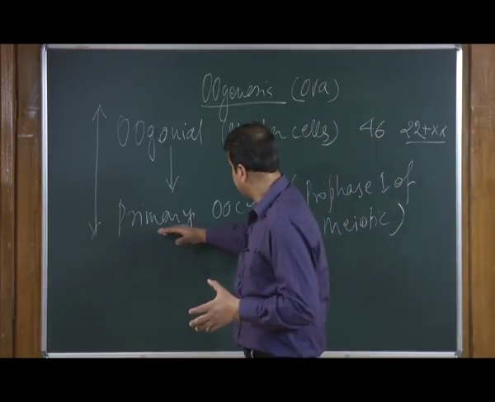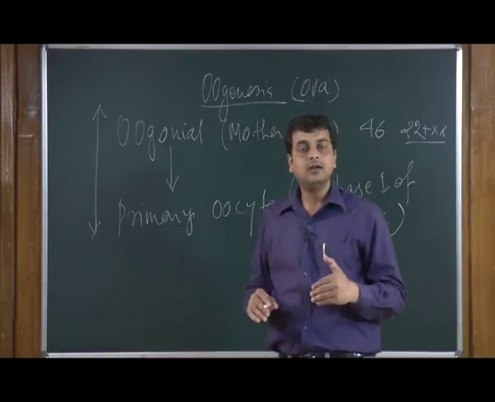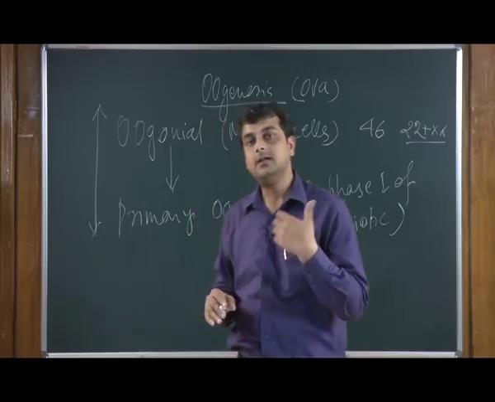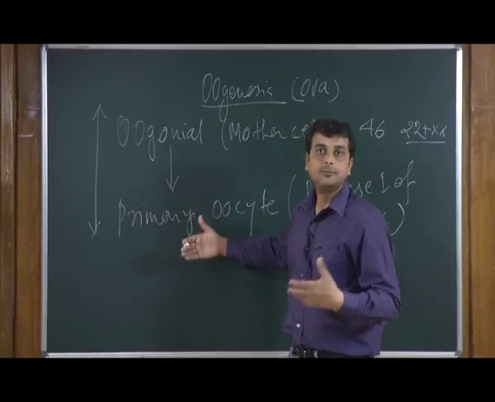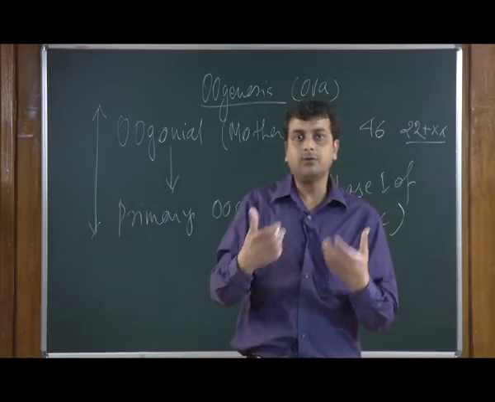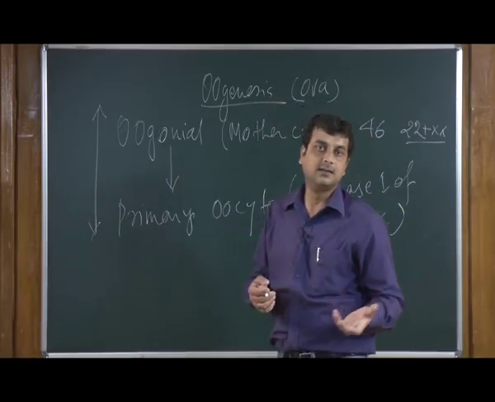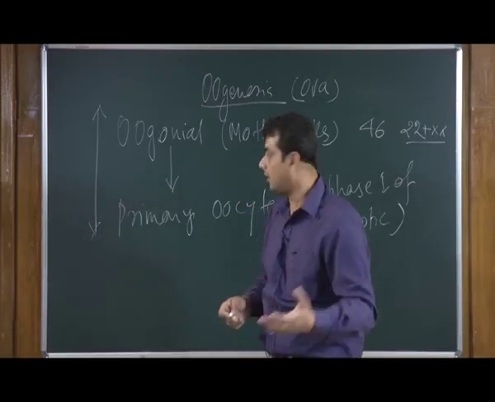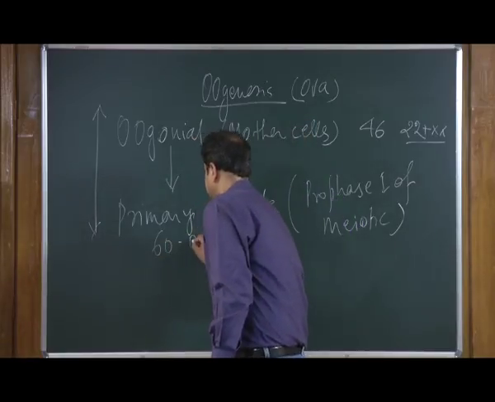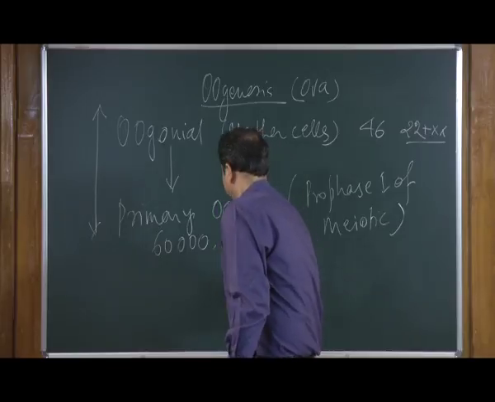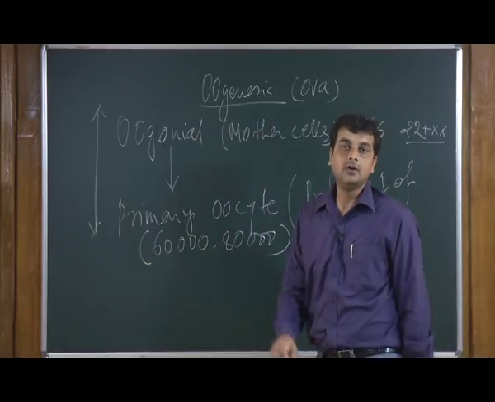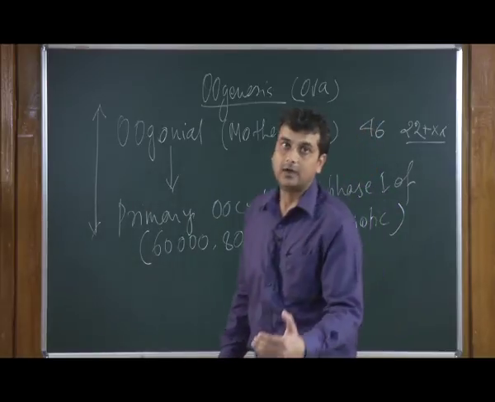This primary oocyte undergoes degenerative processes, and these are eventually killing many of those primary oocytes, and what we are getting eventually is approximately 60,000 to 80,000 primary oocytes.